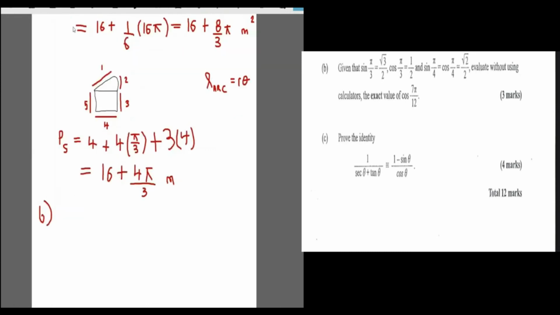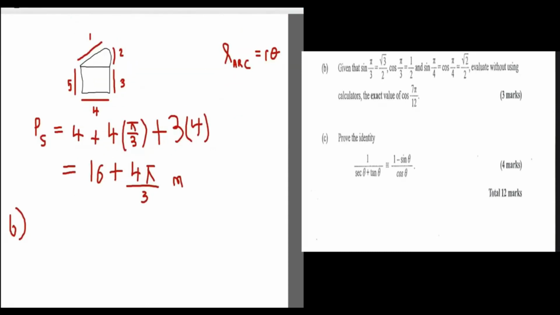Now there are two things I want you to notice. 7 pi over 12. I'm starting with this. 7 pi over 12 is the same as pi by 3 plus pi by 4.